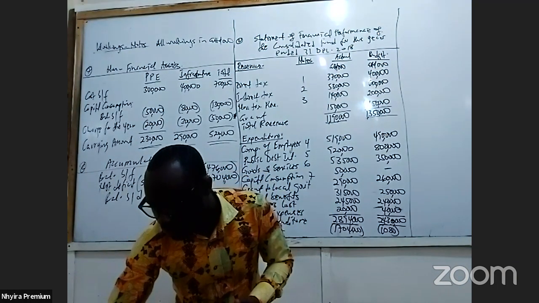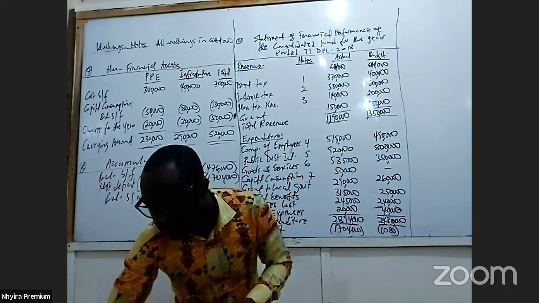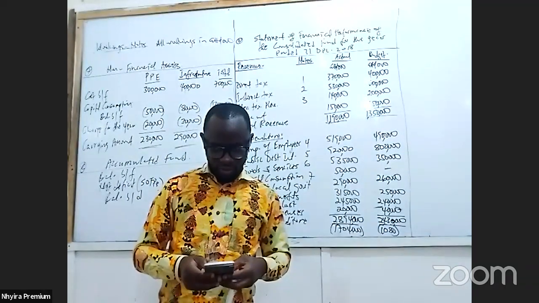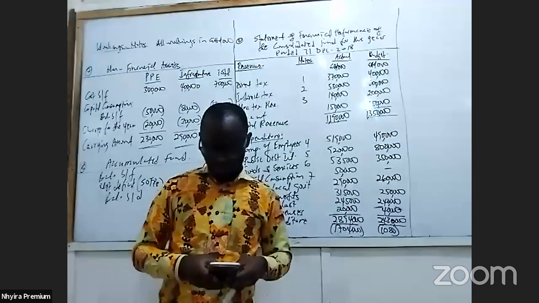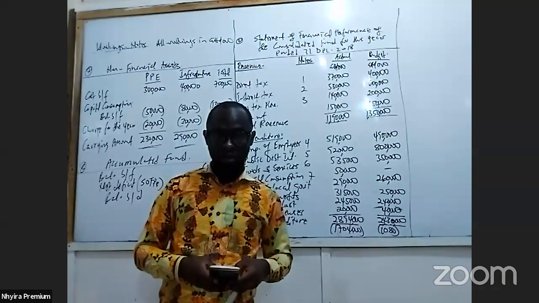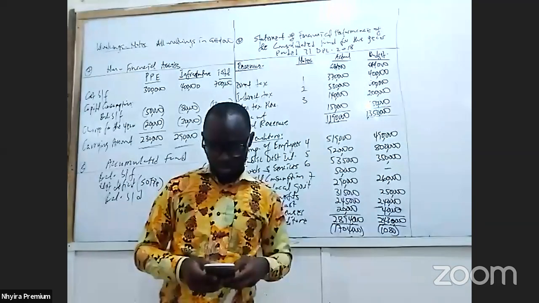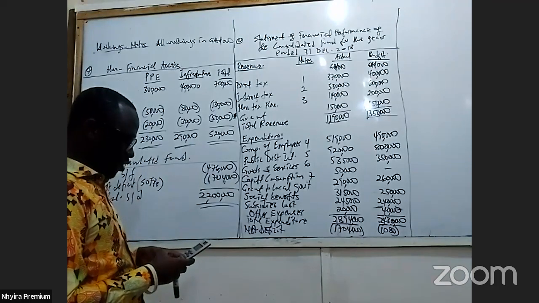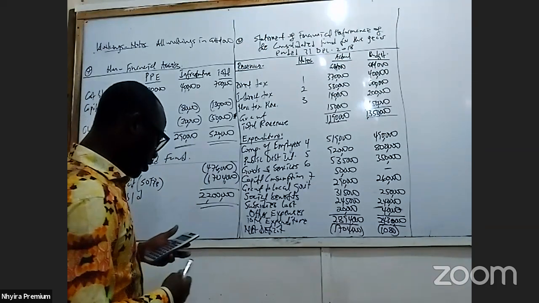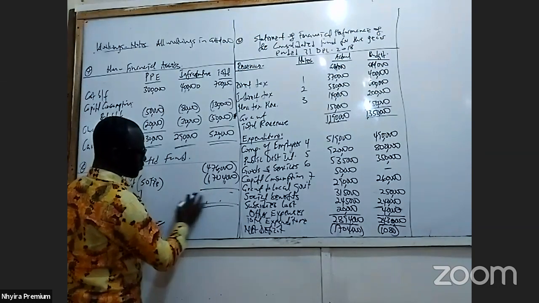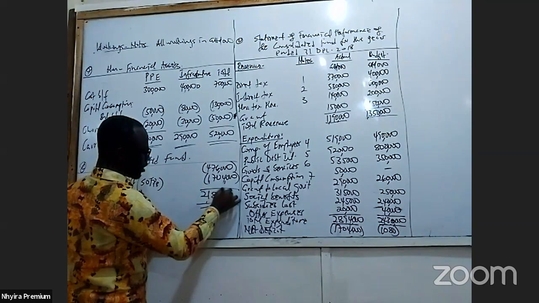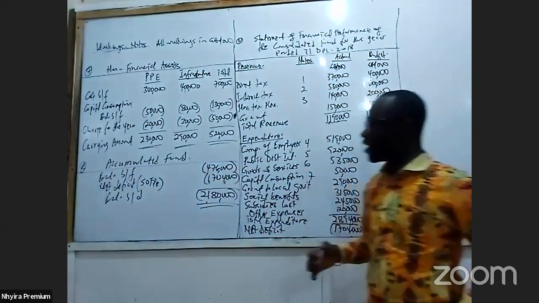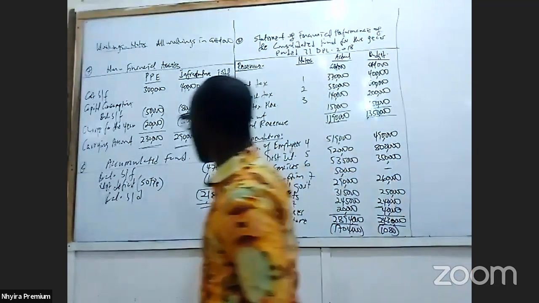Let me make sure in my working slide. 476 plus 1704. It should be 2180. And it's still negative. And this goes to the statement of financial position. I hope it makes sense.